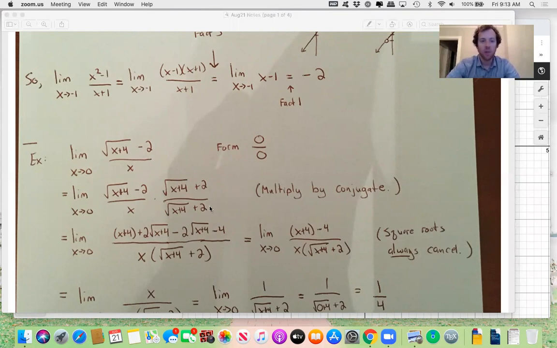So first, on the bottom, we don't do a lot with it. Just multiply them by writing them next to each other. x times this square root of x plus 4 plus 2. Just write it as x times the other denominator. On the top, though, what we're going to do is distribute this, so we FOIL it out.